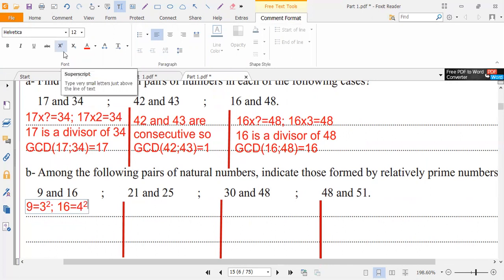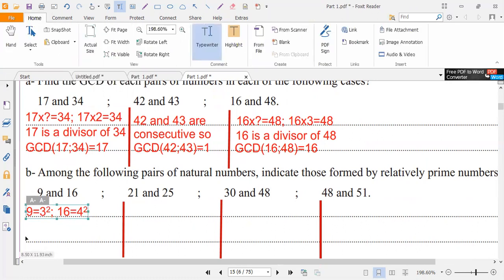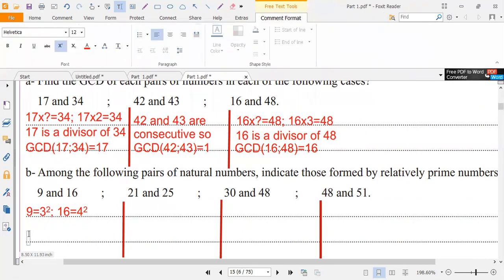Do they have common factors? No, they don't have common factors. So the GCD of 9 and 16 is equal to 1, because there is no common factor.